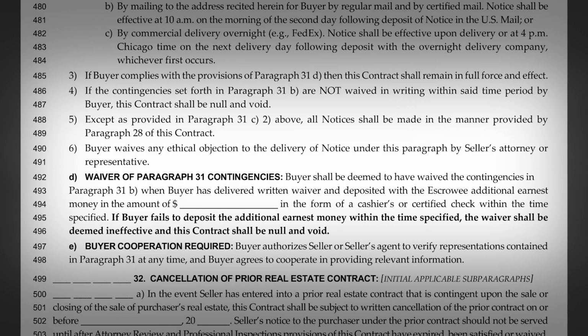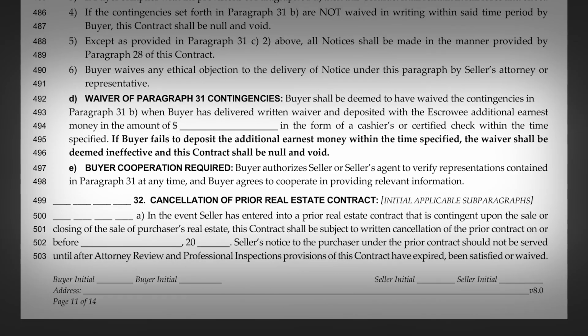And they're going to ask for additional earnest money to secure that contract. We are seeing the final subparagraph on paragraph 31, the buyer cooperation required. This reminds the buyer that the seller has the right to have the evidence about their home. That means their buyer contract is going to be shared with the seller that they are buying from.